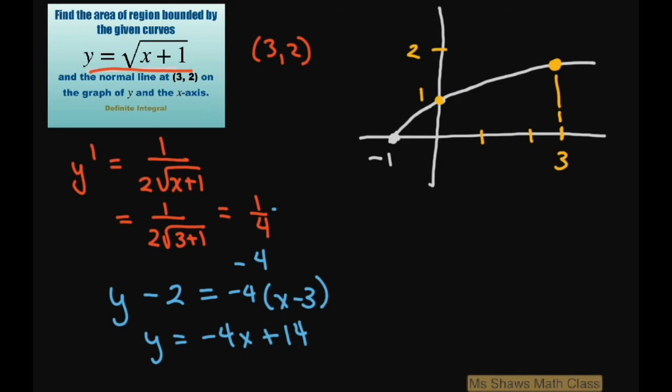All right, when y is 0, set it to 0 and solve for x. You're going to get 14 equals 4x. So x is going to equal 14 divided by 4, which is 7 divided by 2.